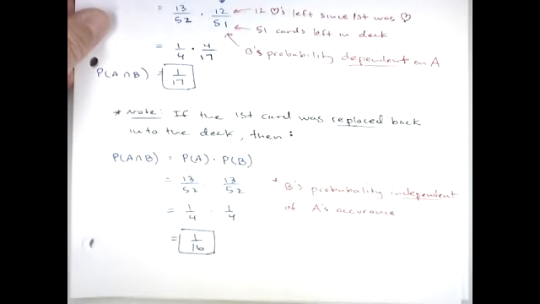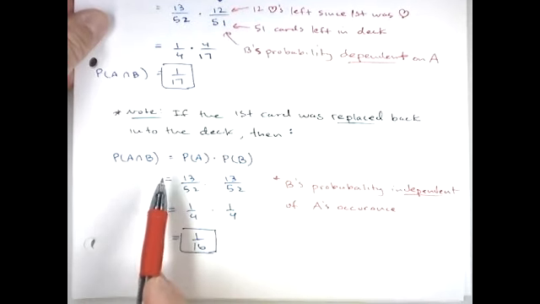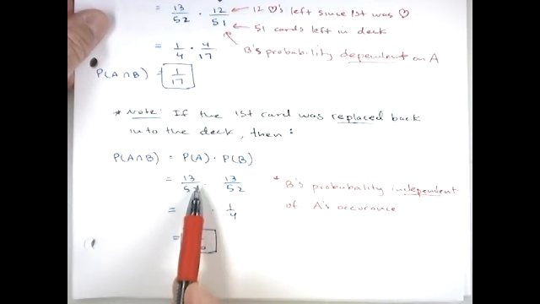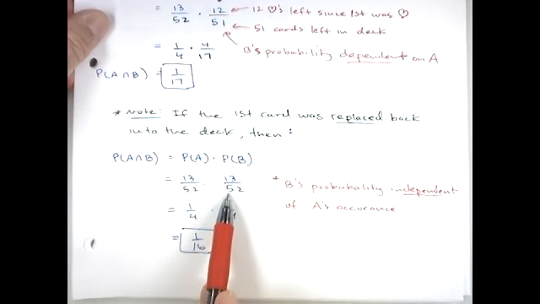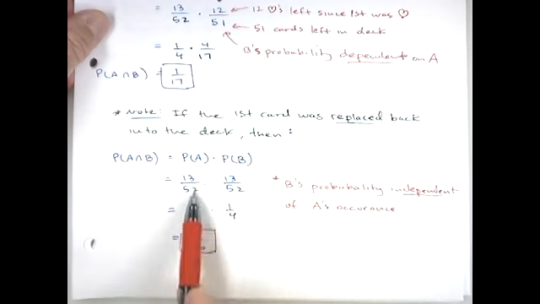There we go. The probability of A and B really would just be the probability that first card was a heart is 13 out of 52, and because you put it back, you still have 13 hearts and 52 cards in the deck. You would just multiply those together. That's 1/4 times 1/4 is 1/16.